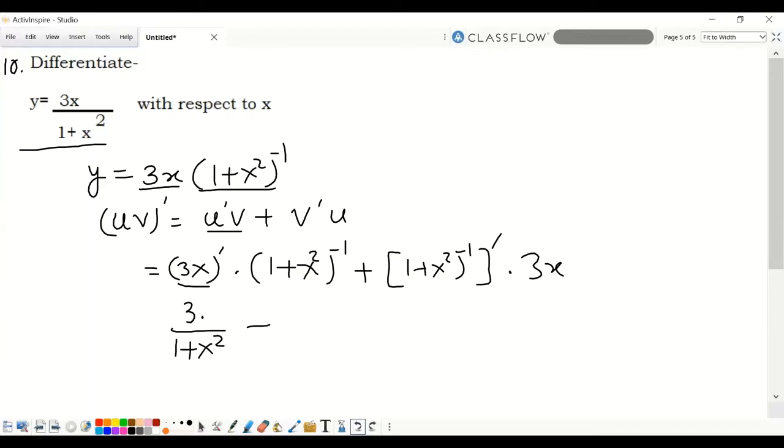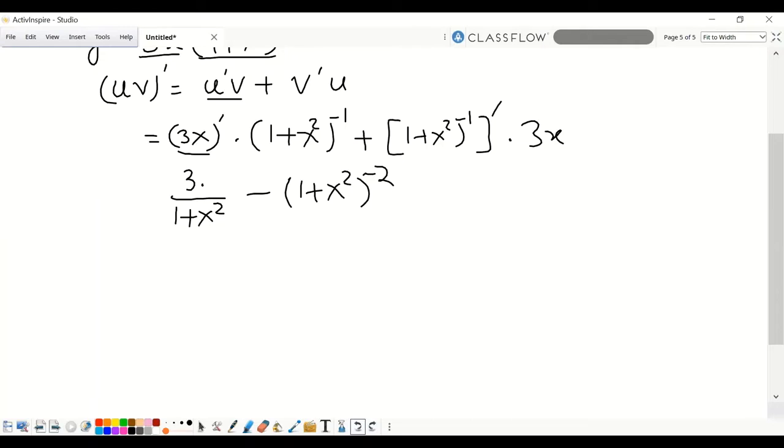So it becomes negative, so (1 plus x squared) to the power -1 minus 1, which is -2, further multiplied by the differentiation of what is inside, which is 2x, and then we have the 3x.